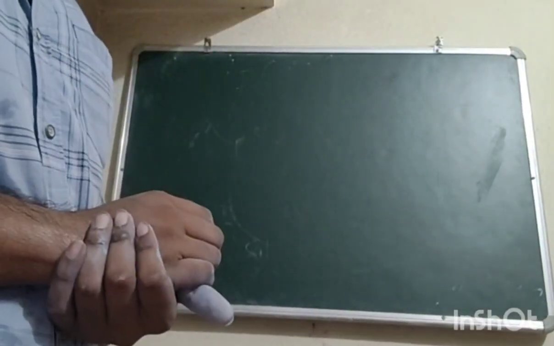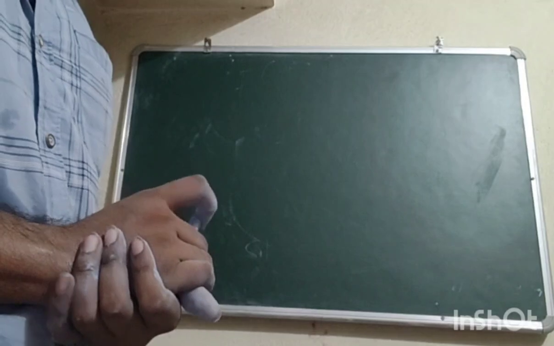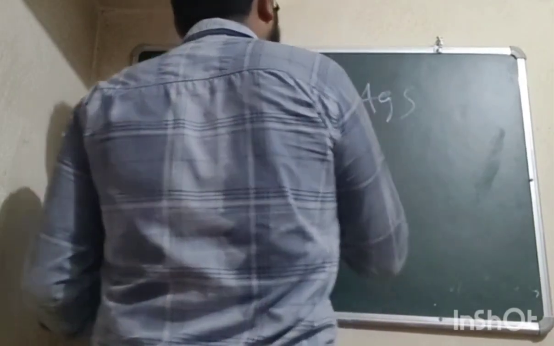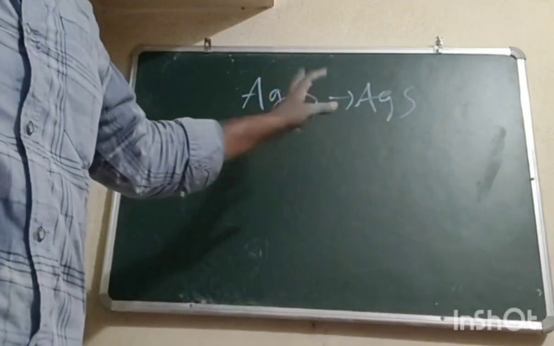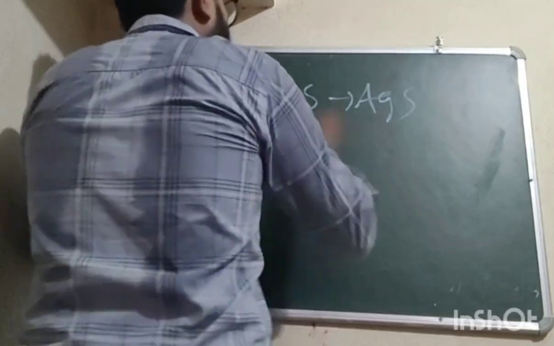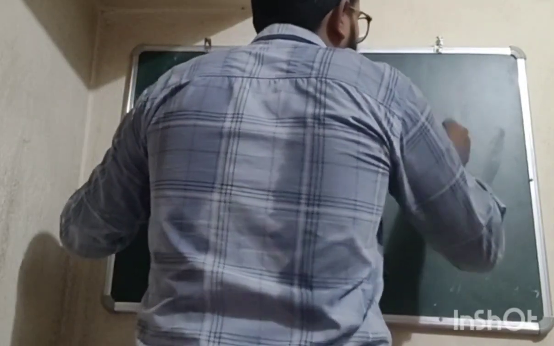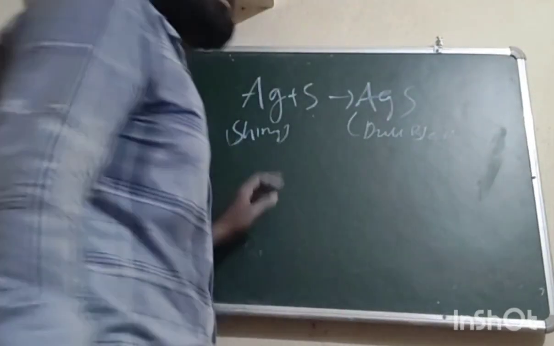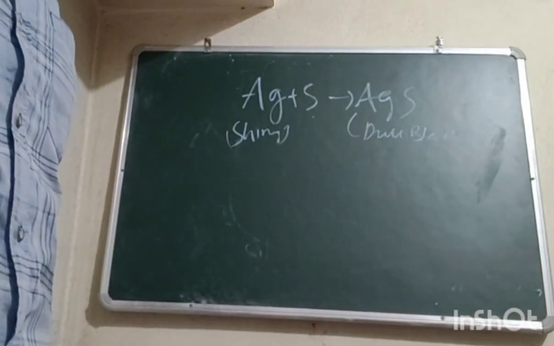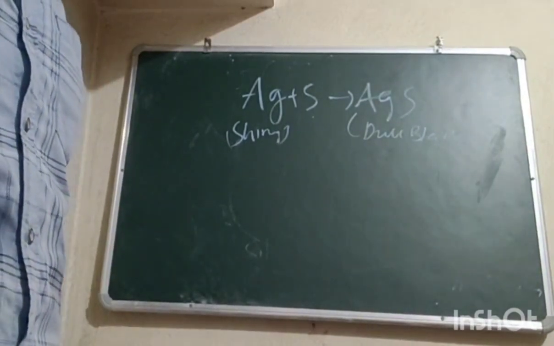Now another thing is silver. How silver tarnishing is there. Sulfide, that's present in our air. So this Ag2S is dull, black, whereas silver is shiny. Another thing is copper also gets corroded.